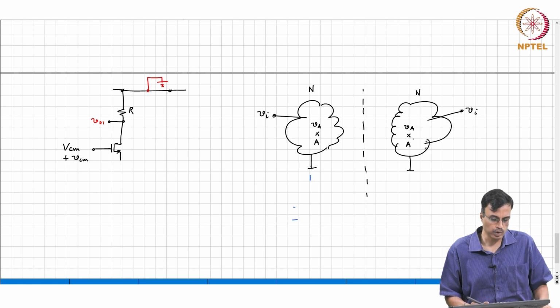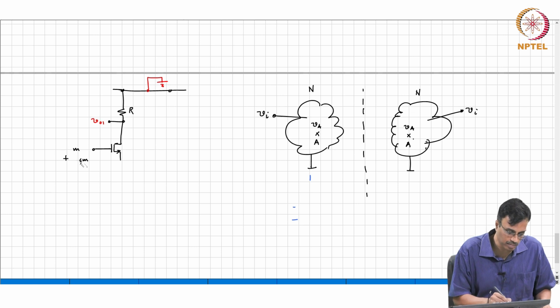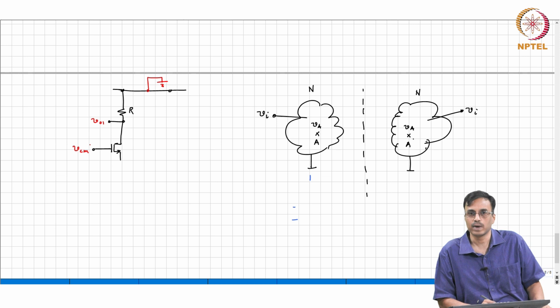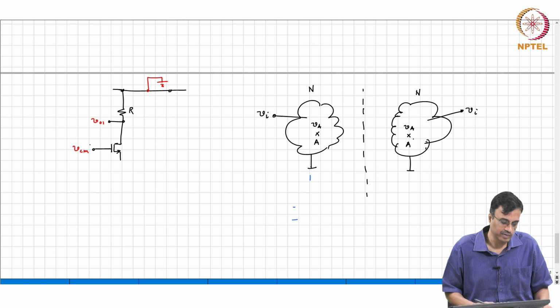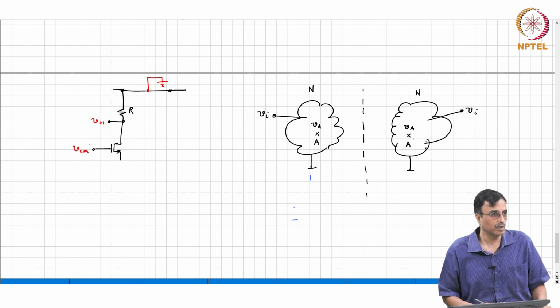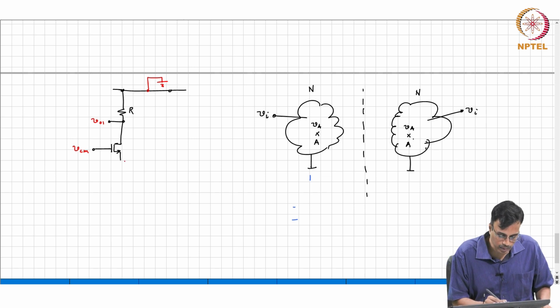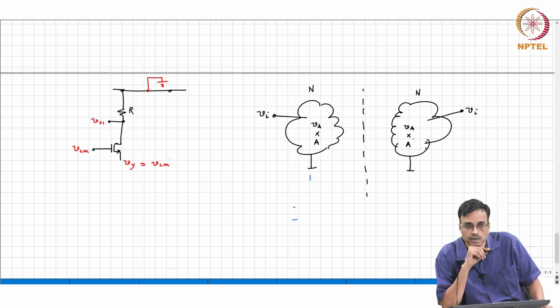Alright. So, this circuit is also familiar to us. The capital VCM goes away, this is only small VCM. So, what comment can you make? Well, there is no source resistance. So, what comment can you make about small signal Vy?